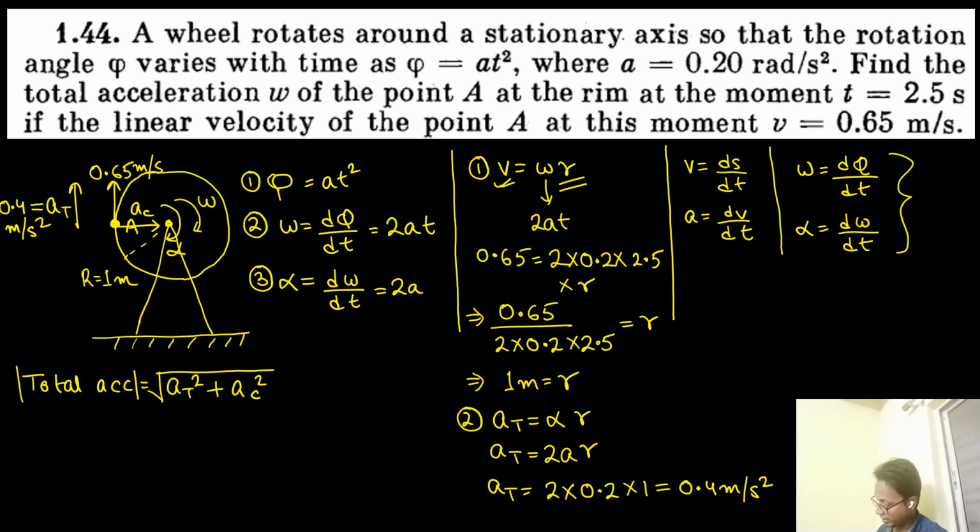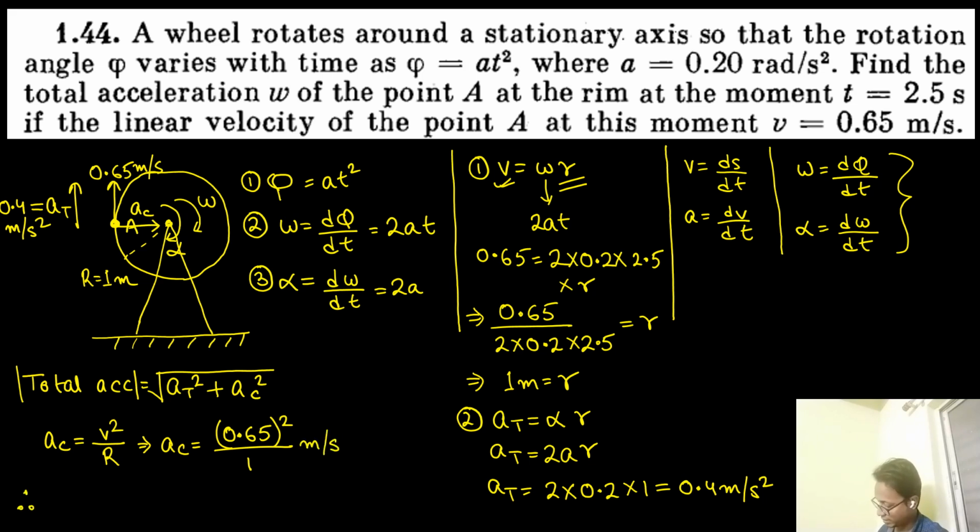Now what is the value of centripetal acceleration? Centripetal or radial acceleration is given by v square by r, which equals 0.65 square divided by r, which is 1. So the centripetal acceleration is 0.65 square divided by 1 meter per second square.